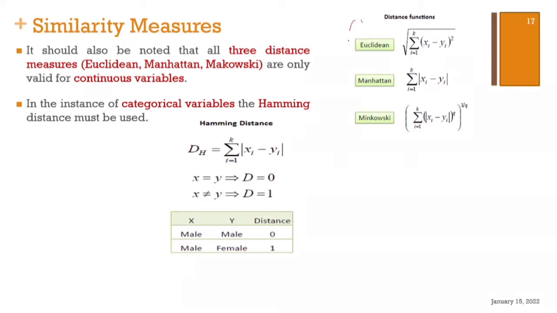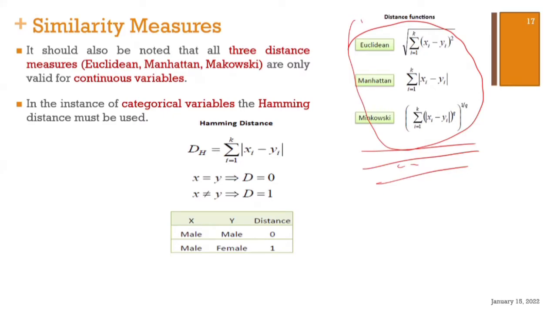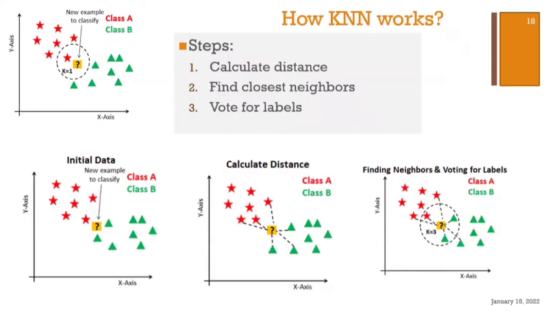We often use these for numerical attributes, where the attribute has numbers. However, if the attribute is categorical, for example the gender of the patient, male or female, you are going to use something like Hamming distance to compute the distance between them, and then we decide who is farther away or who is closer.